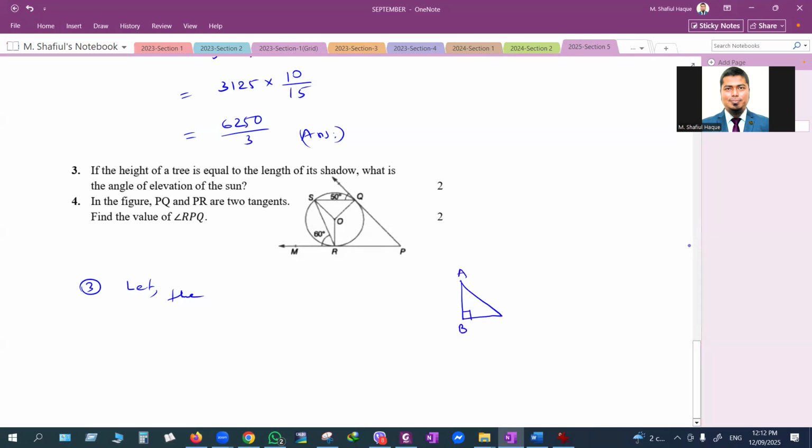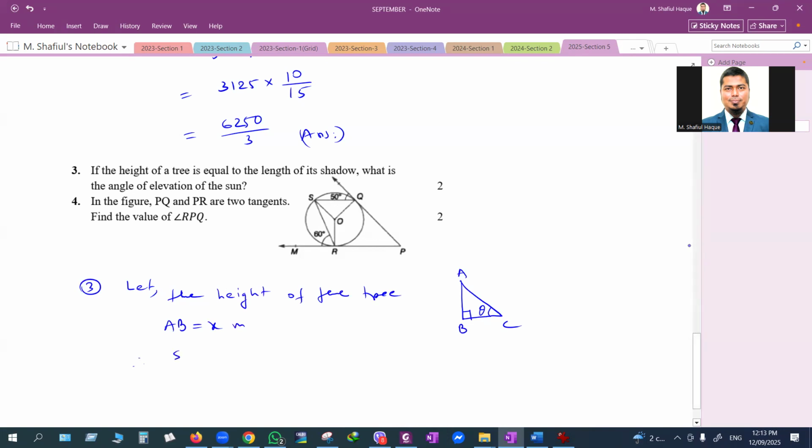This is A, B, C, and let the height of the tree AB be equal to x meter.